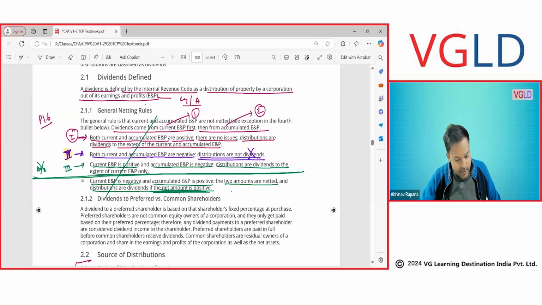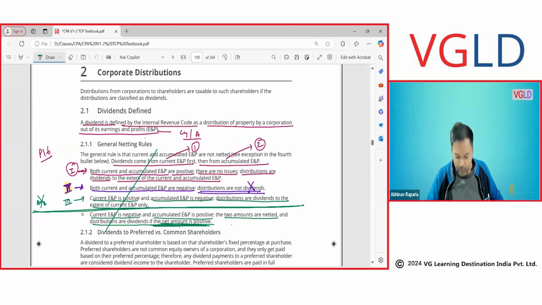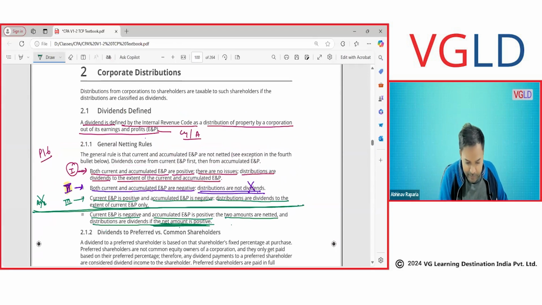You don't need to learn anything here, guys. As far as you have made it, we are good. I've left the first two lines. Now you guys can see and understand easily. General rule is that current and the accumulated do not matter. Agreed? See the exception in the fourth bullet. That means generally we are not going to adjust.